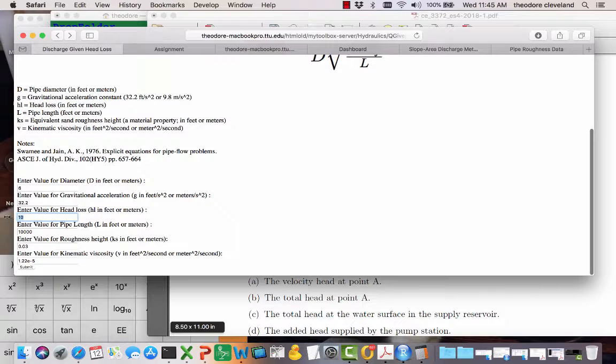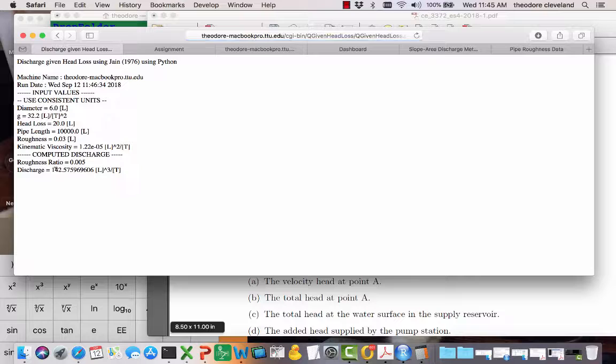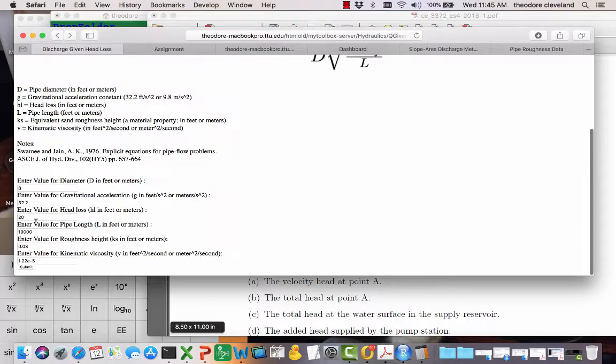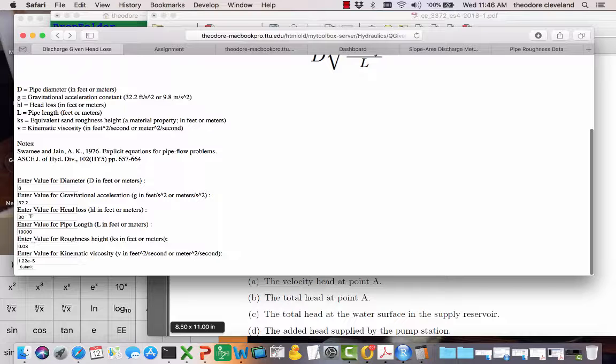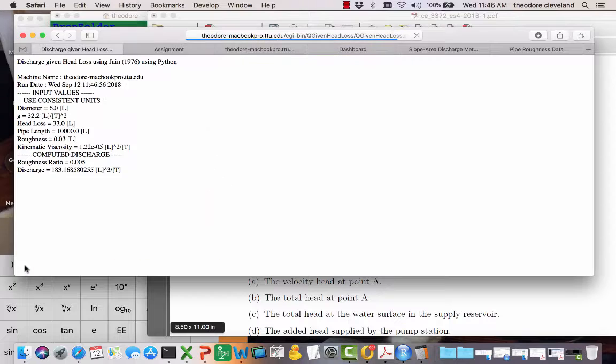So we'll double it. Let's go to 20. Hit submit. We're at 140. So we need to increase it again. Let's go up to 30. Hit submit. We're at 174. We'll go up to 33. Hit submit.